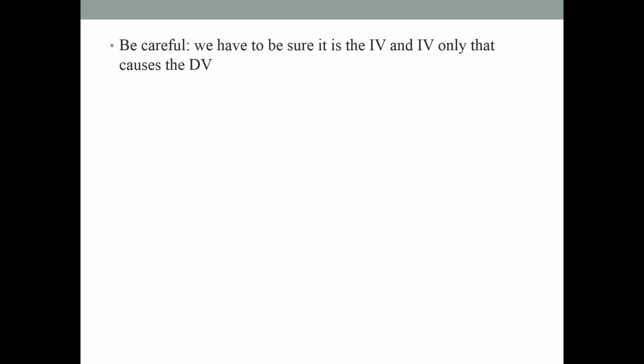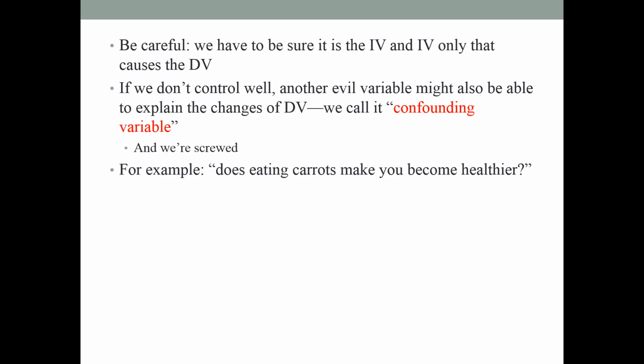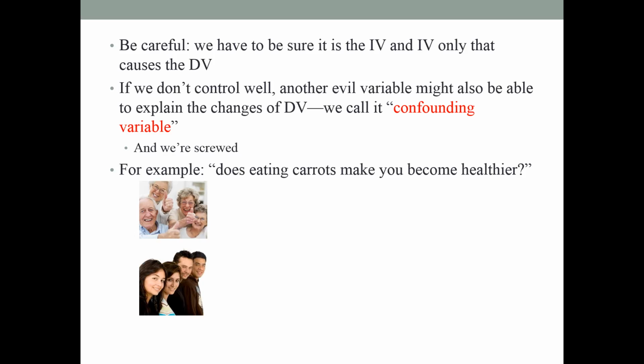Now, be careful. We have to be sure it is the IV and the IV only that causes the DV. If we don't control well, another evil variable might also be able to explain the changes of the DV, and we call it a confounding variable. And we're screwed. So, for example, does eating carrots make you become healthier? Usually, the research design will be that we divide people into two groups.